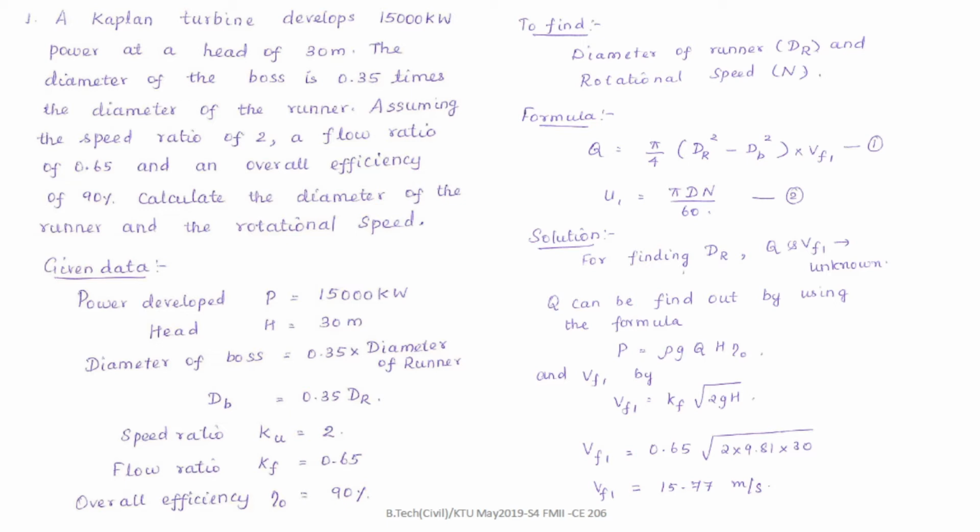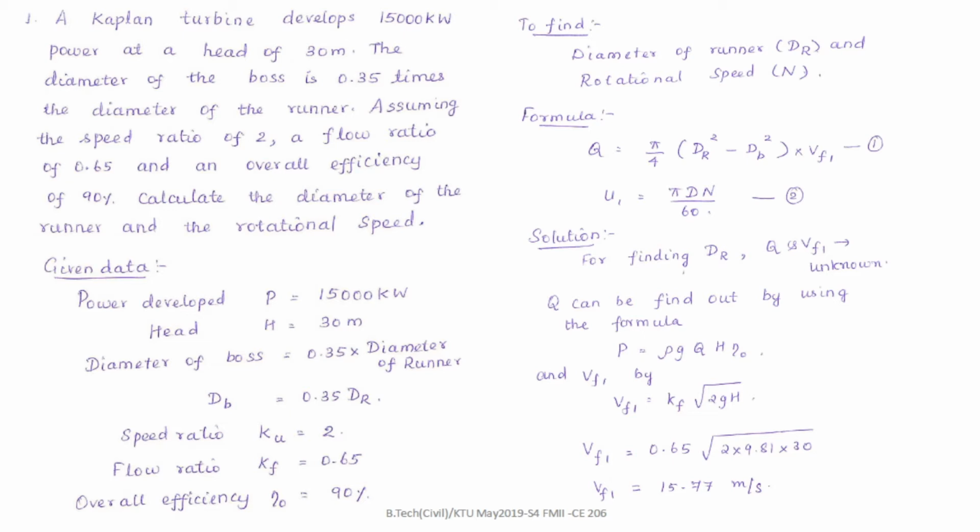Velocity is nothing but velocity of flow. Area is pi by 4 (DR square minus DB square). And the rotational speed, U is equal to pi D N by 60, because the velocity is directly proportional to the speed. So U is equal to pi into D into N divided by 60. So these are the two formulas you have to use for finding what they ask us to find. So now the solution.